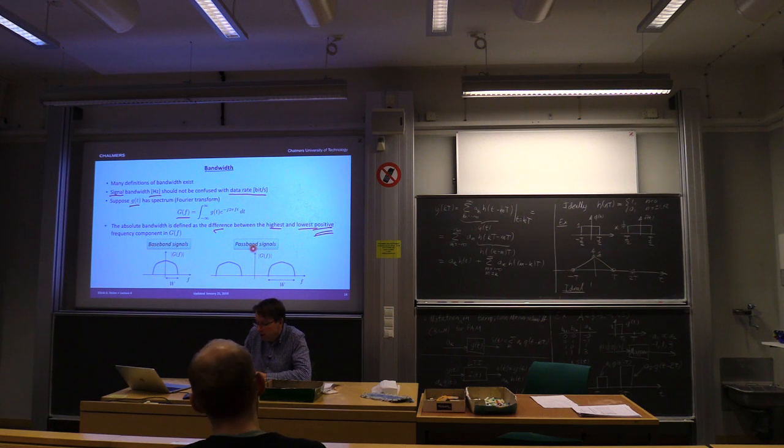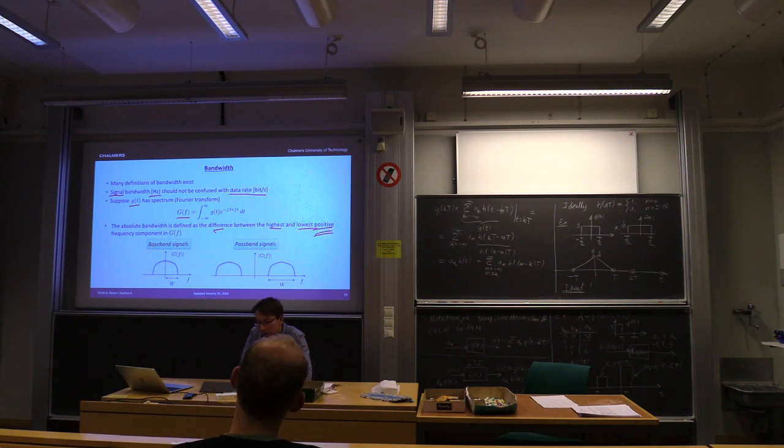Bandwidth for a passband signal, which has its power centered around some mid-frequency, which is not 0, is the difference between the lowest positive frequency, which is this one, and the highest frequency component, which is this one. Okay. So bandwidth here is somehow twice the bandwidth here, if you like. But don't think about it like that. Rather think of it as the difference between the highest and the lowest positive frequency component in G. You will always be fine.